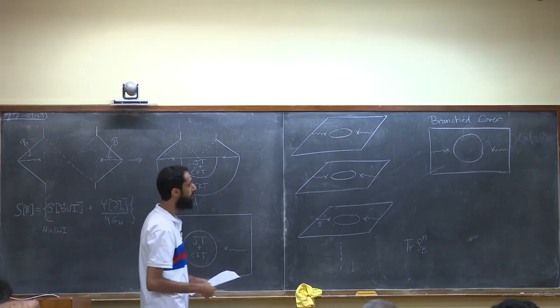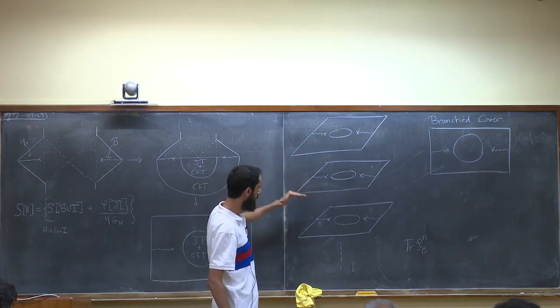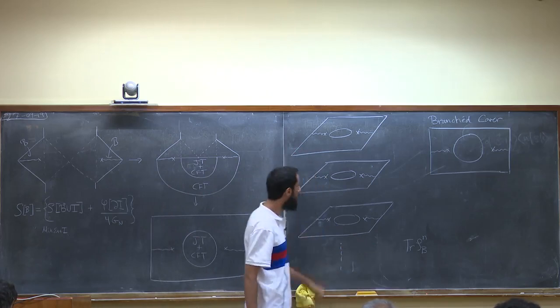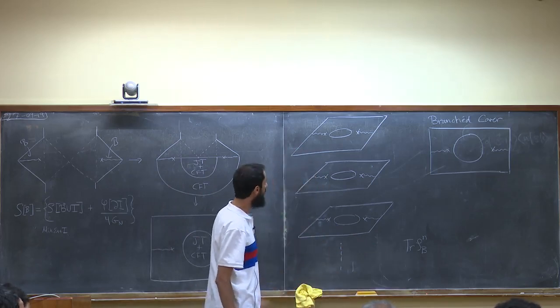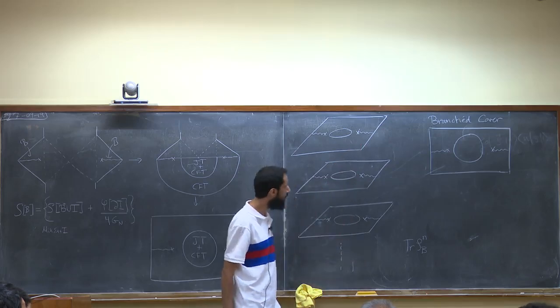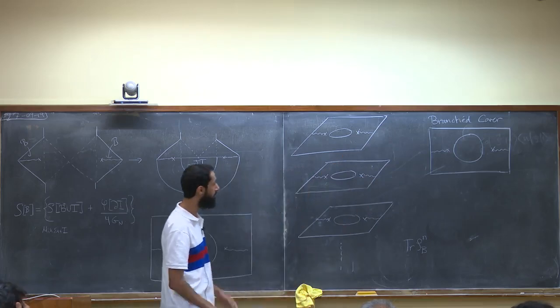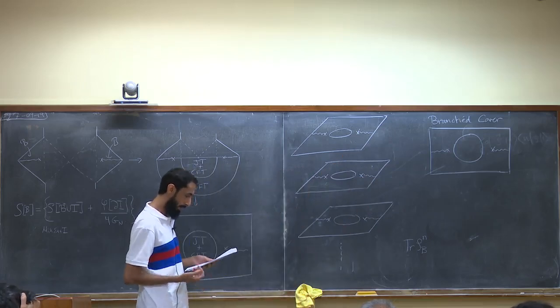OK, the way you compute this is you consider the replica manifold. So if we're computing trace rho to the n, we have n such sheets, and they're identified across these cuts. You go in here, you come out there, you go in here, you come out there, and so on and so forth.